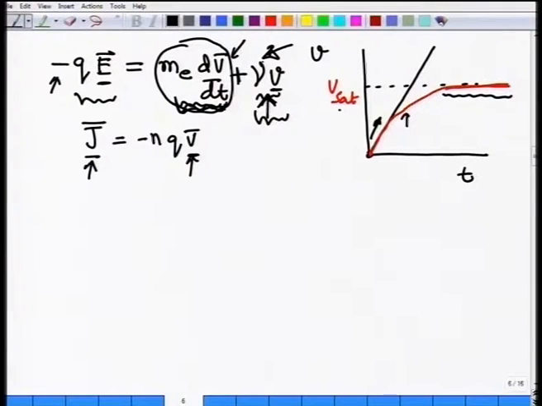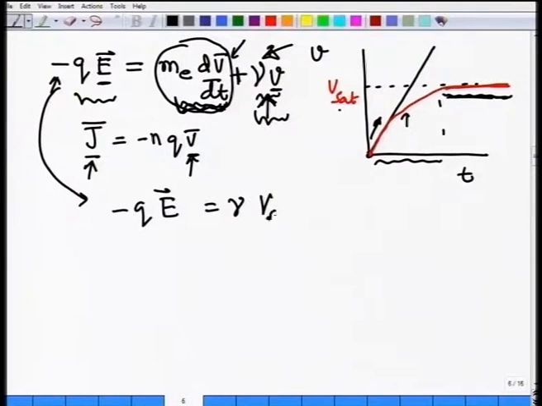Now, notice that if we had this damping term, then when we have reached the saturation velocity, after that this expression should have become minus q E equal to gamma v sat, because in this region dV dt will be 0.